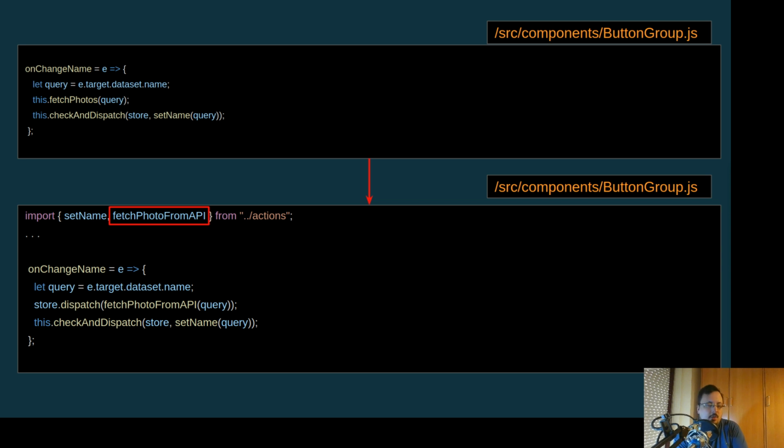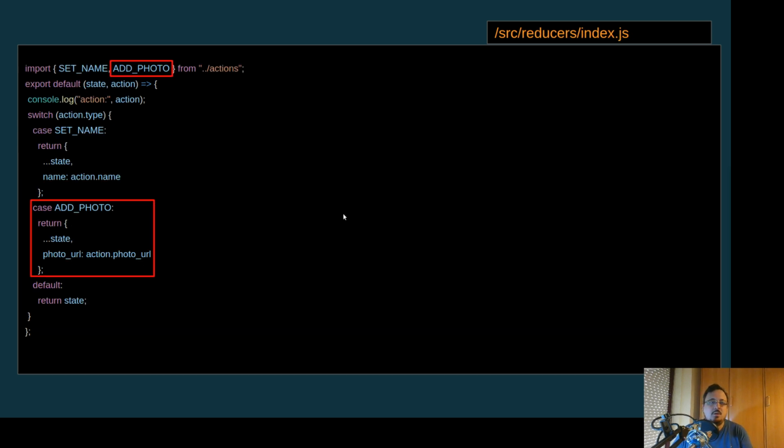Later, it will dispatch the add photo when it has the API information. Because for this example, I had to add a photograph URL into the component state. Now it's going to live in the Redux state.